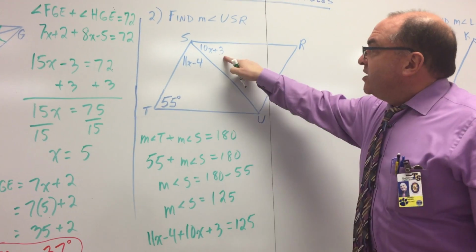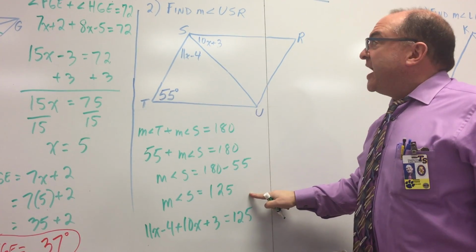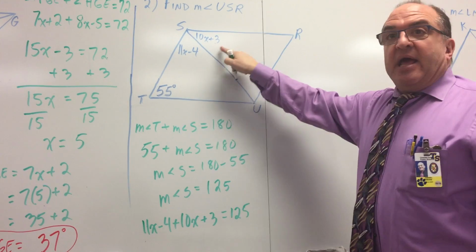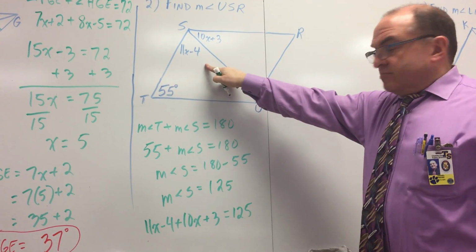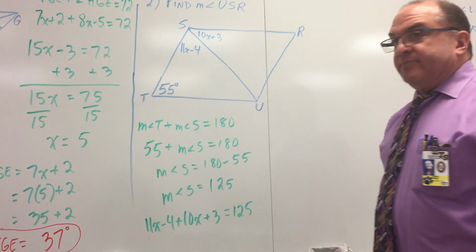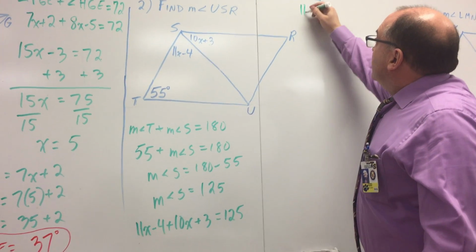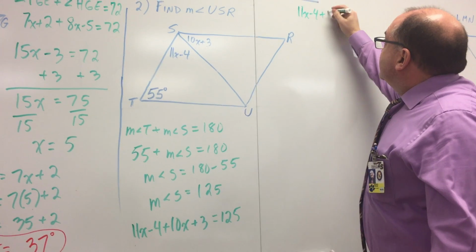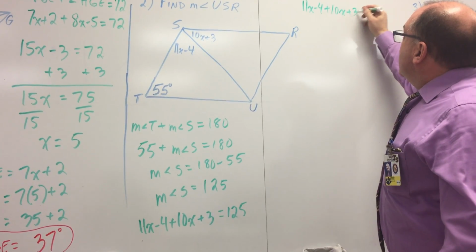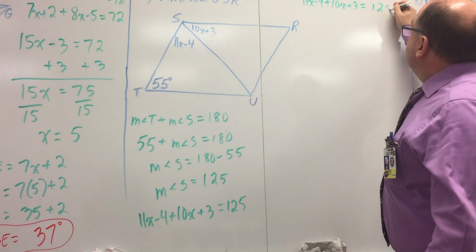Because these two angles add up to 125, I'm just rewriting it as the expressions added together, add up to 125. Yep, 11x minus 4 plus 10x plus 3 equals 125.